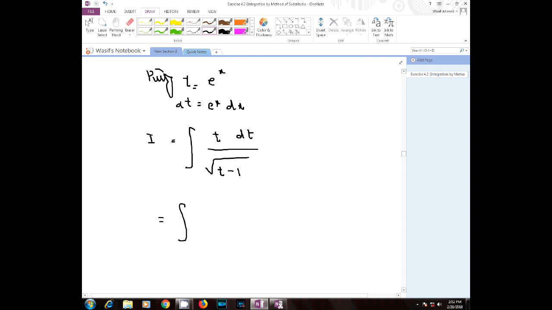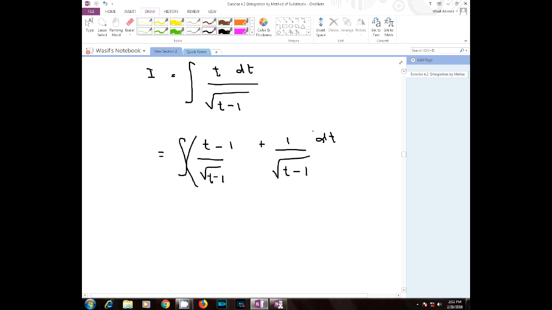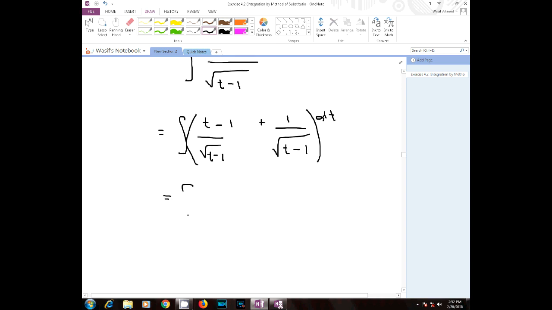Make the numerator like the denominator, therefore you have to add and subtract 1. t minus 1 plus 1 dt divided by square root t minus 1, and you have to separate the denominator. And now you apply the distributive law and simplify, so that you have in the numerator t minus 1 dt plus similarly t minus 1 raised to the power minus 1 by 2 dt.